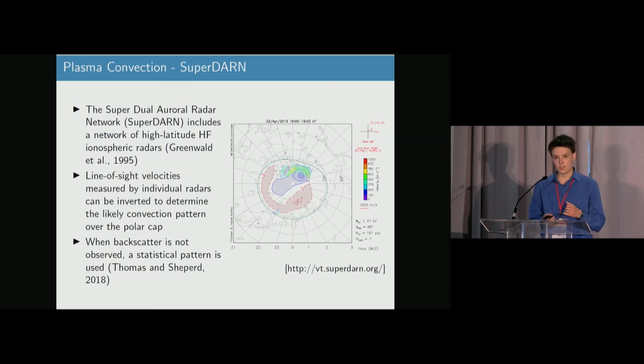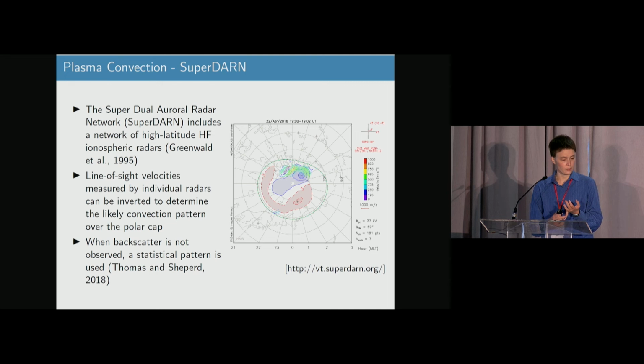And then for convection, we use SuperDARN convection maps, which again are a very classic data product used by many, many people in this field. This is just an example of one of these convection maps, where you have the reverse convection cells on the dayside and sunward flow. SuperDARN, I believe, has been talked about a lot, even just today.